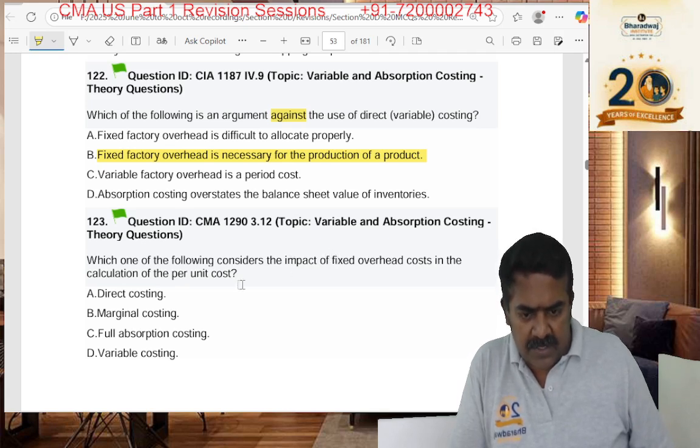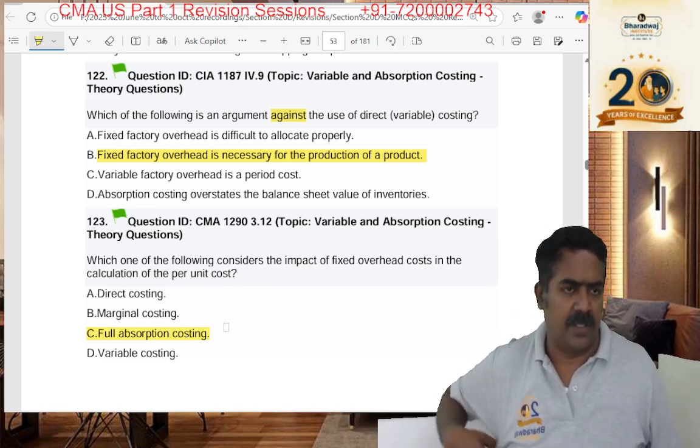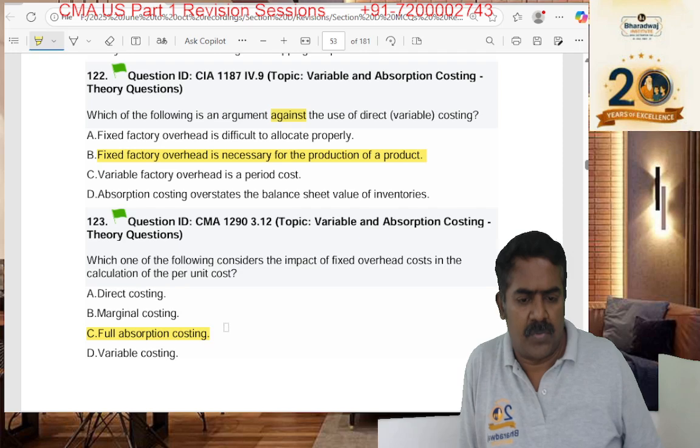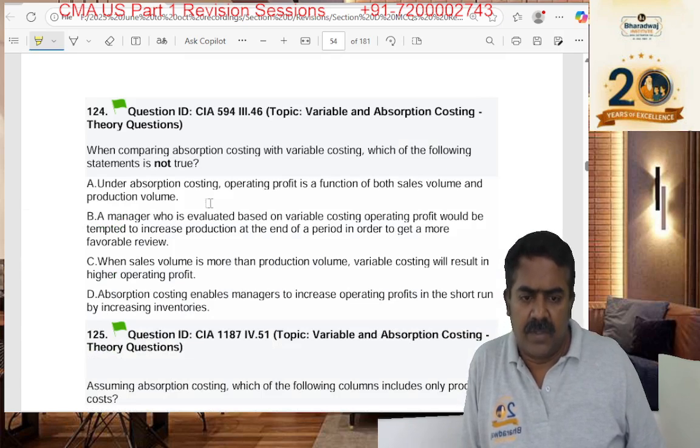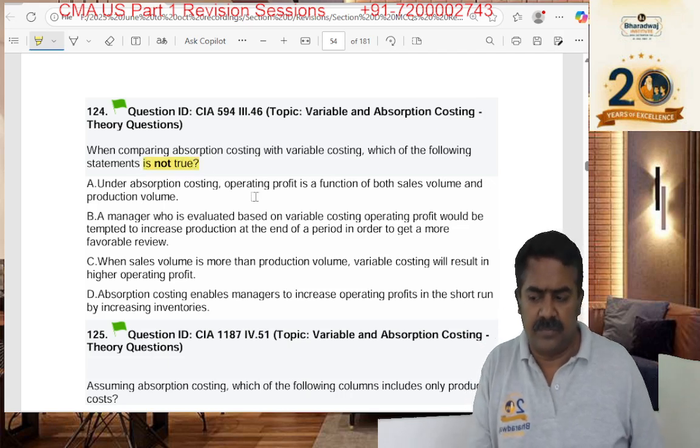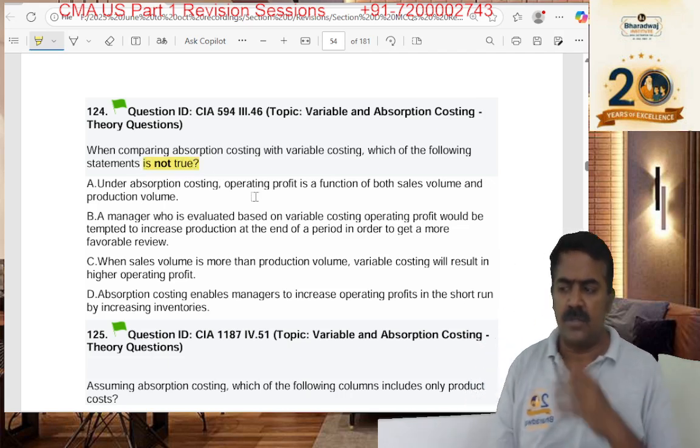Impact of fixed overheads in the calculation of per unit cost. Full costing, otherwise called as absorption costing. Fixed overheads are there. Next, which is not true. The question is which is not true.